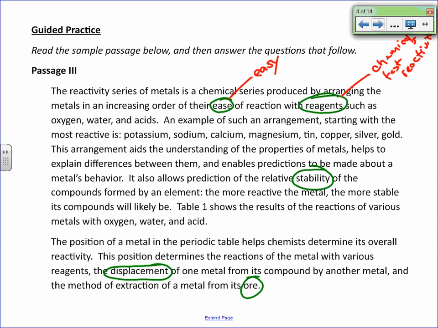All right, next one, stability. Again, not defined for us, but we can probably use either the root of the word or background knowledge to figure this one out. Stable, we see the root here, stable. Now if a chemical is stable, what does that mean? It's different than if a table is stable. If a table is stable or a building is stable, it's not going to fall over. But what do we mean by a chemical that is stable?